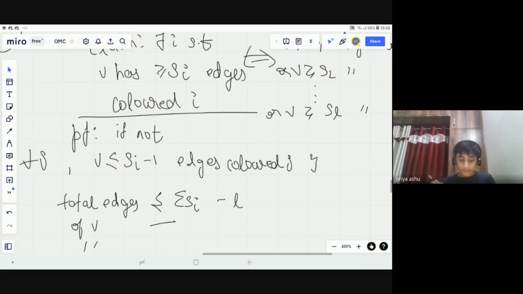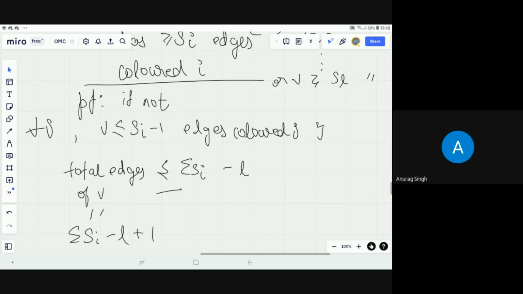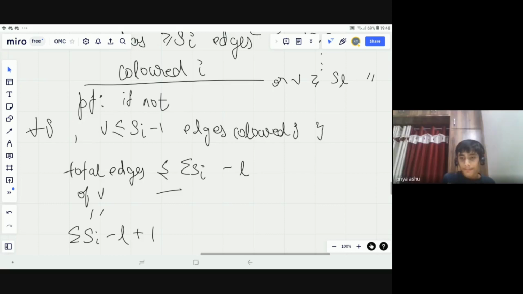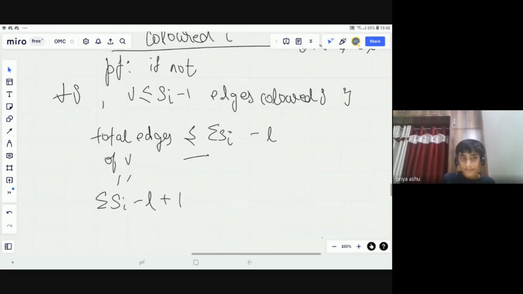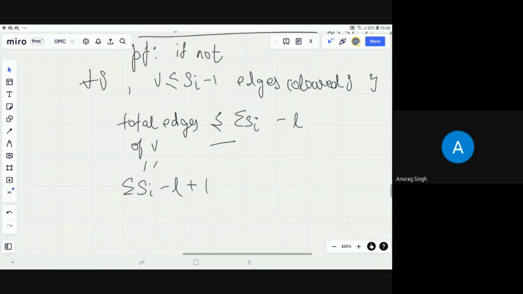Yes. Now, as any edge of V can be colored 1, 2 till L, we sum all these inequalities. The total edges of V would be at most the sum of all these values, which is sigma SI minus L. But then we get the total edges of V is sigma SI minus L plus 1, a contradiction. Did everybody get it?